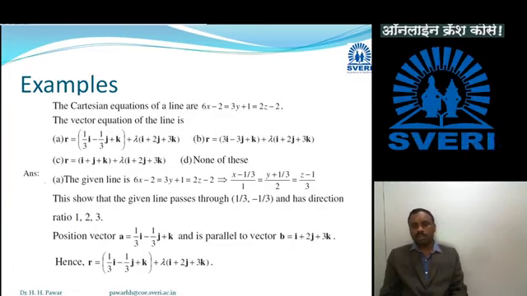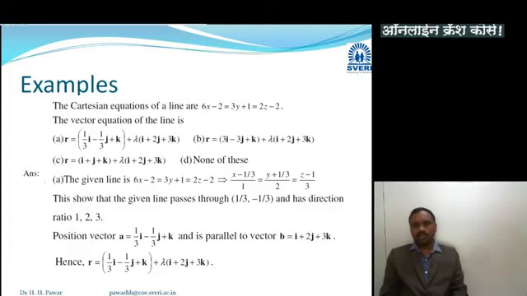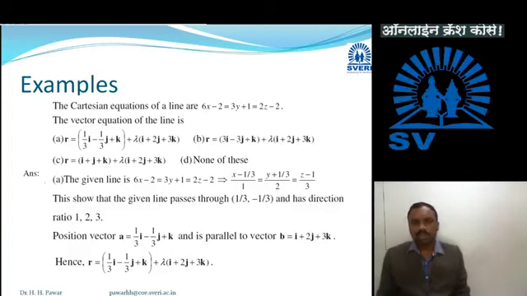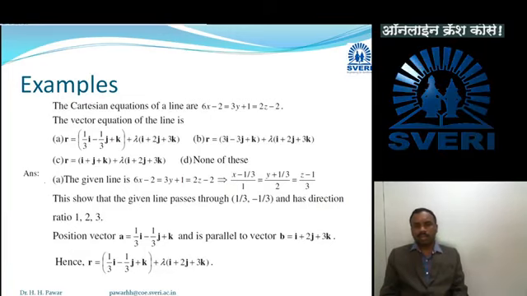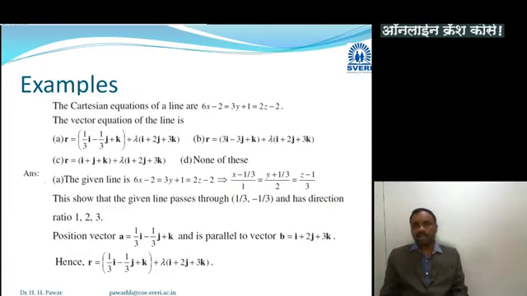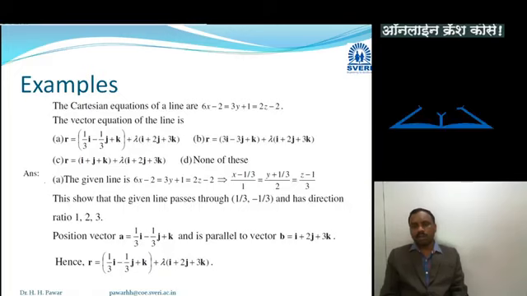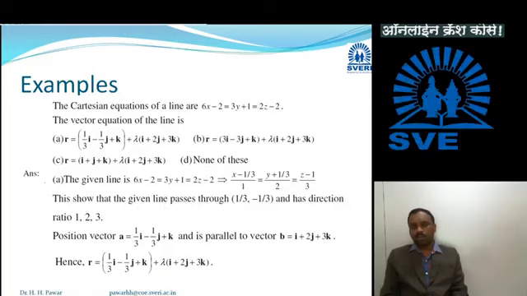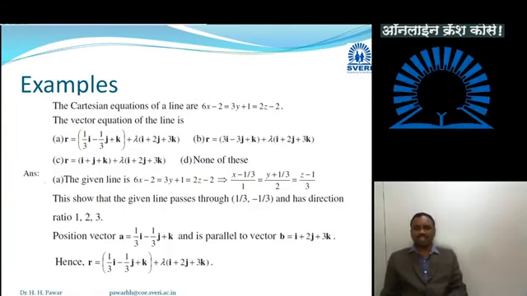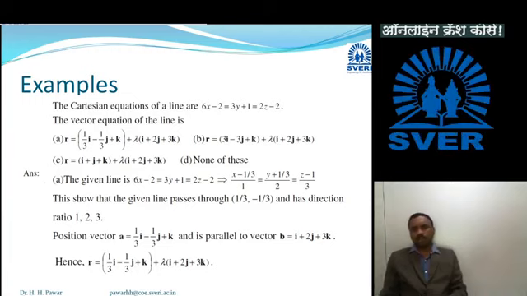The given line is 6x minus 2 is equal to 3y plus 1 is equal to 2z minus 2. Take 6 common from all these, we will get (x minus 1 by 3) divided by 1, then (y plus 1 by 3) divided by 2 is equal to (z minus 1) divided by 3.